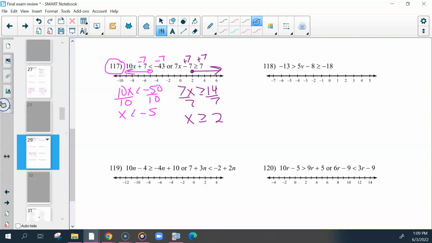And you need to have an or in between them. Do we have any questions on that one? Are there any others on this page you want to see or go over?